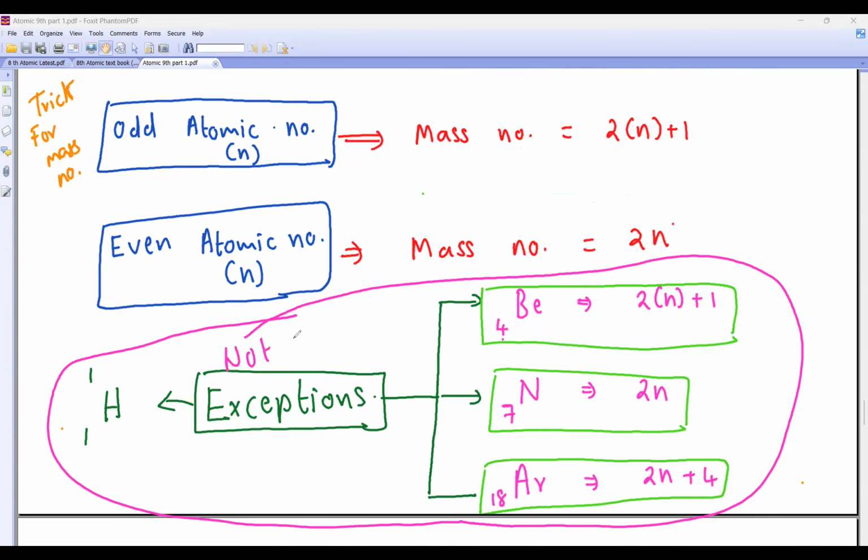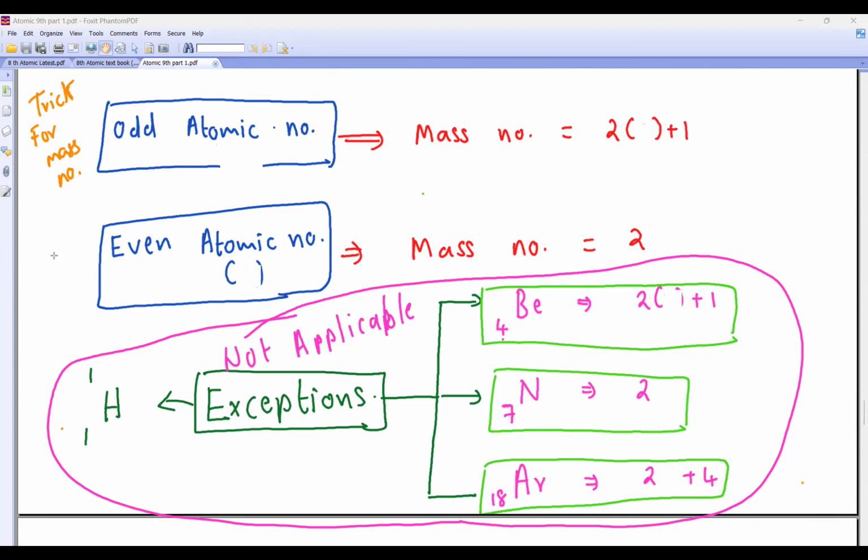Sir, what do you mean by 2 and then bracket n? N stands for neutron, so you will get confused. I'll change this n. We don't write n, we will write the atomic number.